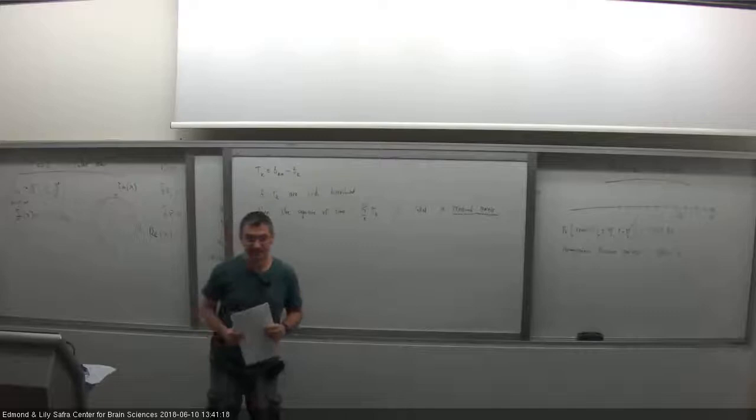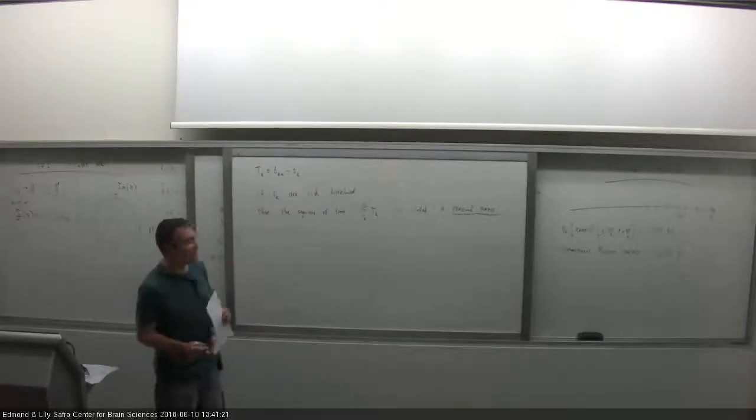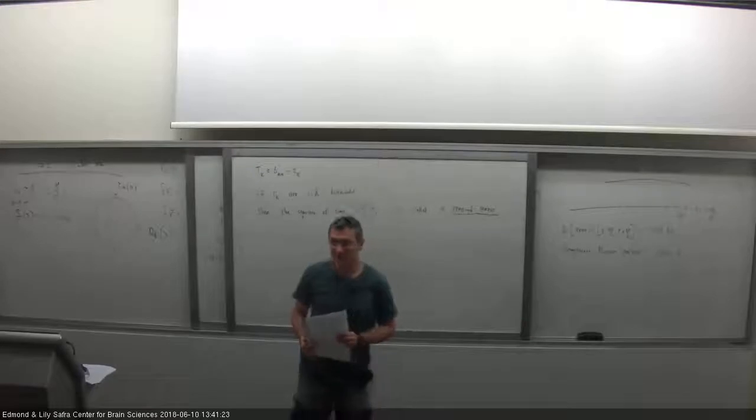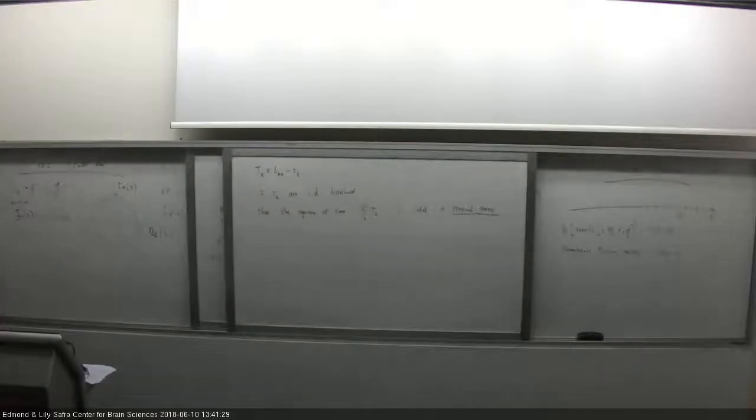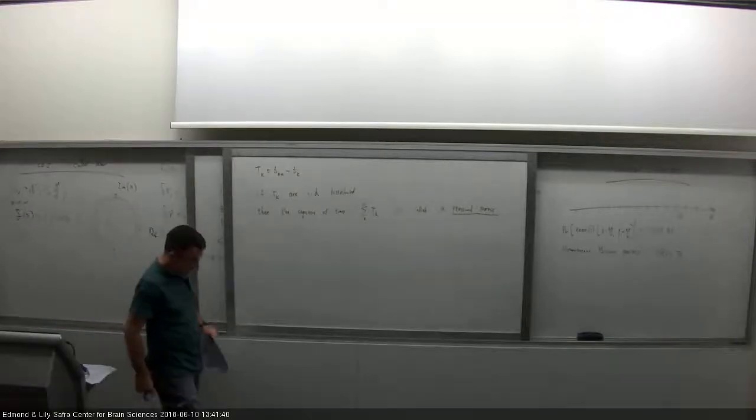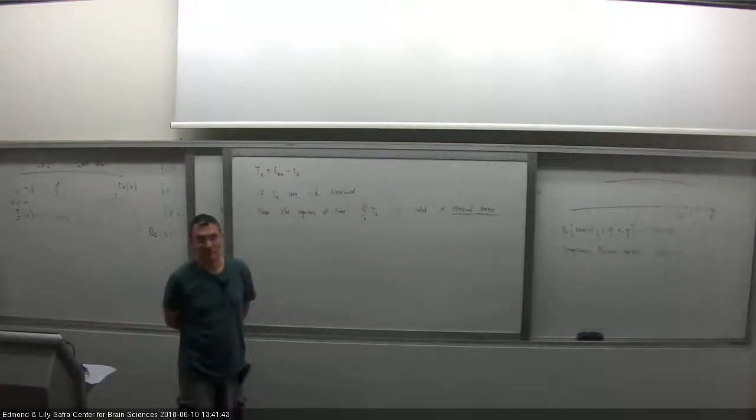Questions? What would be an example of a homogeneous Poisson process? The regular cell, you mean? No, the cell will not have this property.